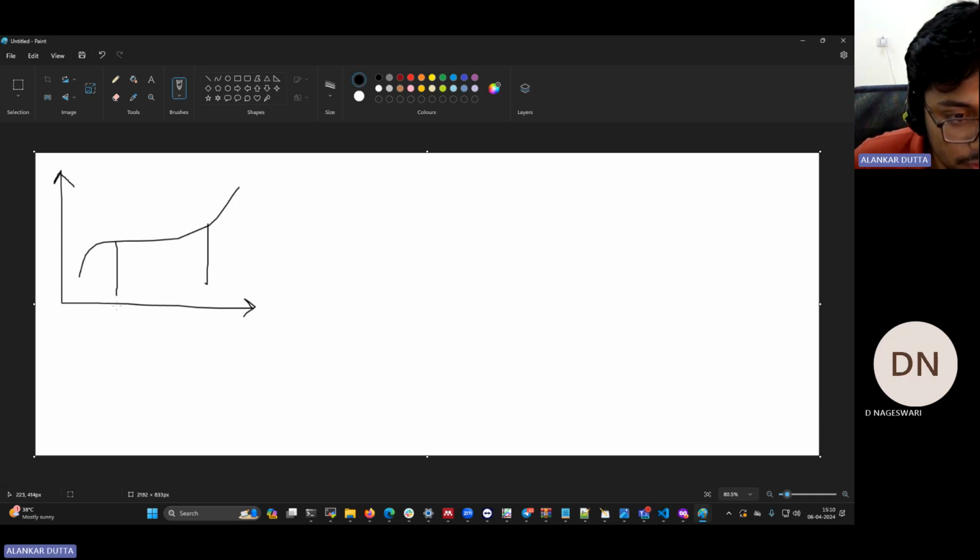Let me draw it better. So this is A and this is B. At these points, your function is defined as some quantity f of A and f of B.